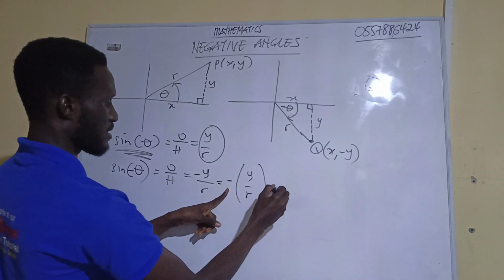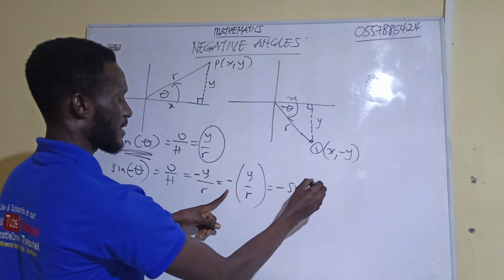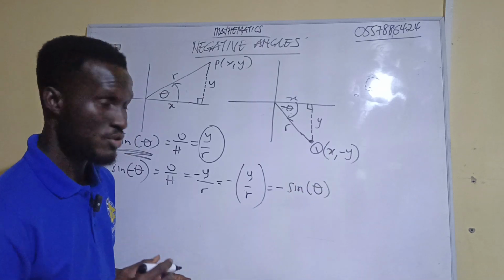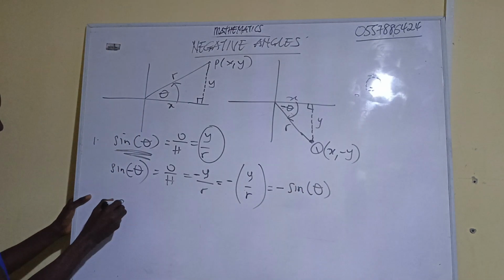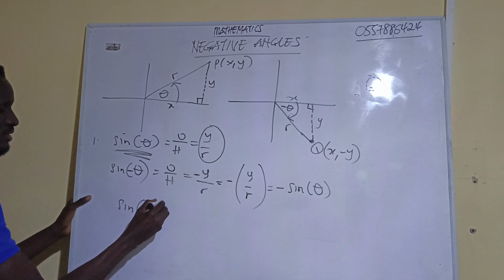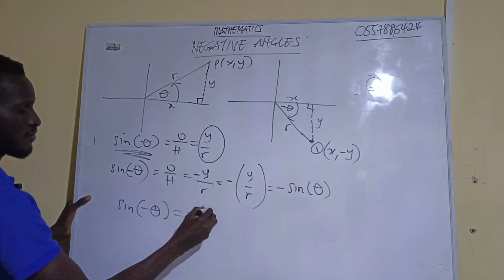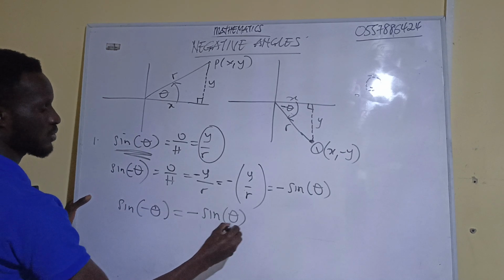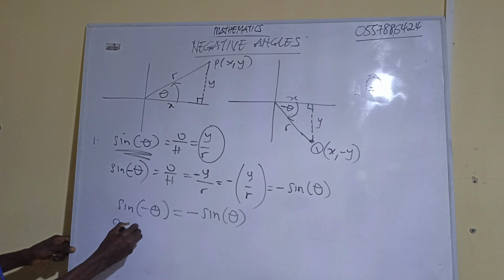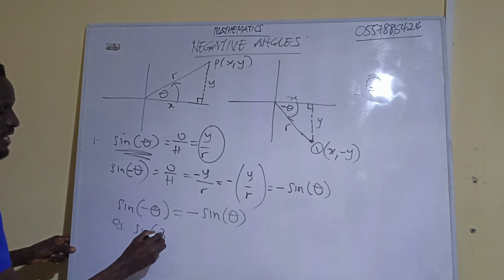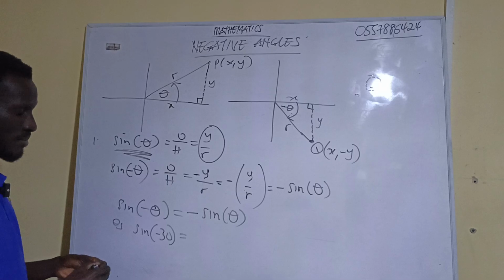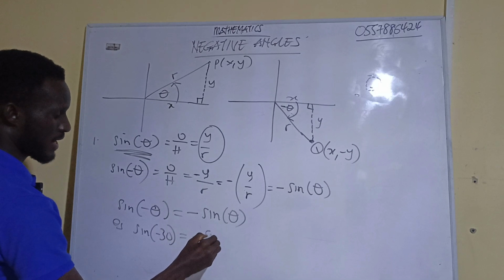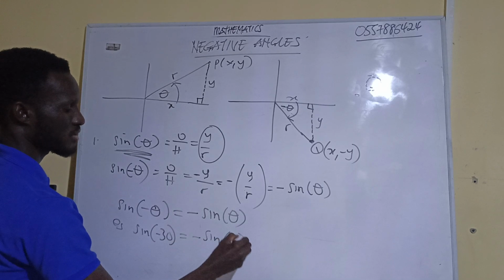So I can write negative of sine theta. Now what are we trying to say? It means that whenever you have sine of a negative angle, it's going to give you negative of sine of the positive of that particular angle. So therefore, if I have sine negative 30, it's supposed to be the same as negative sine, then you change the angle to positive.